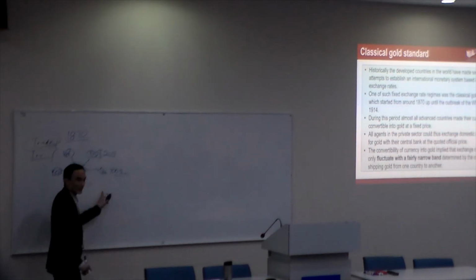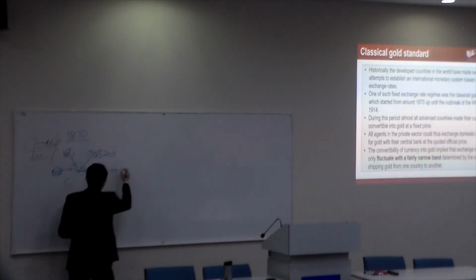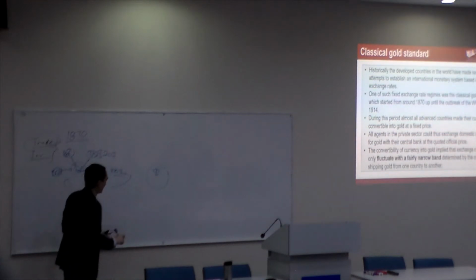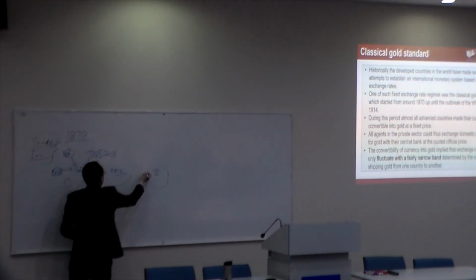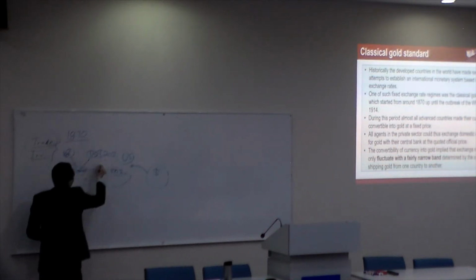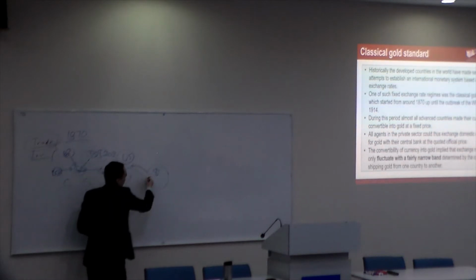Because we need foreign currency like the US dollar in our market, if the central bank wants to keep dollar reserves, what should they do? They have to bring gold to the US, buy American dollars in exchange, and bring it back home.